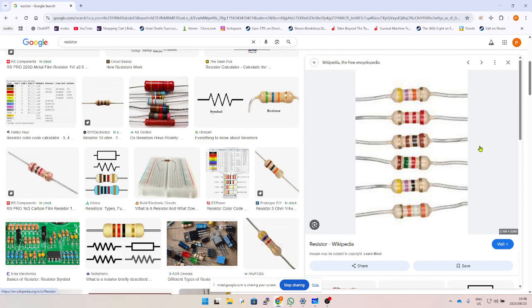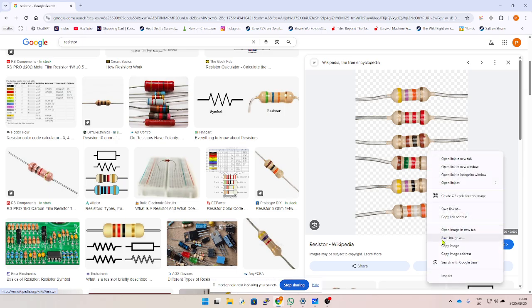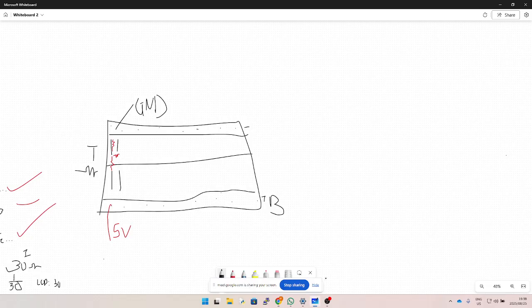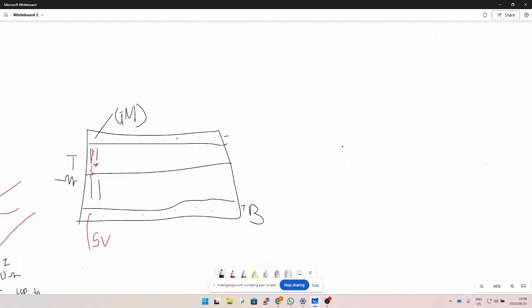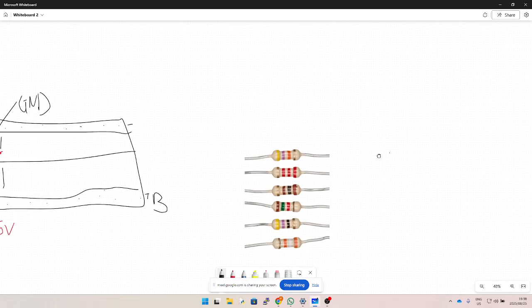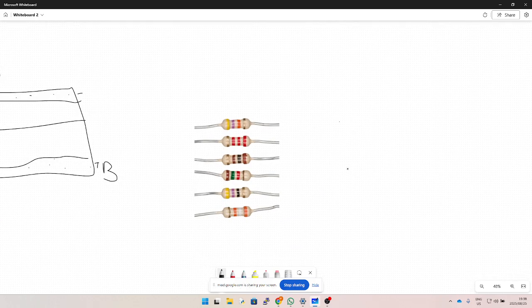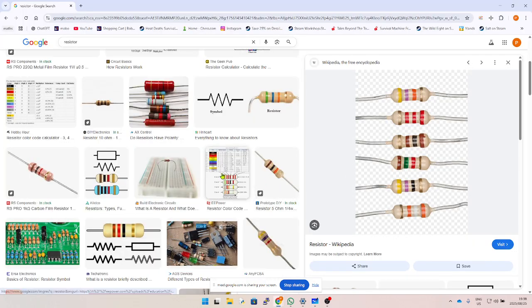Okay, let's look at these ones here. There are multiple examples in this case. Who can tell me the first one here? That's yellow, violet, orange, and gold. Do you want to know the digit or the multiplier? I want to know what's the resistance.